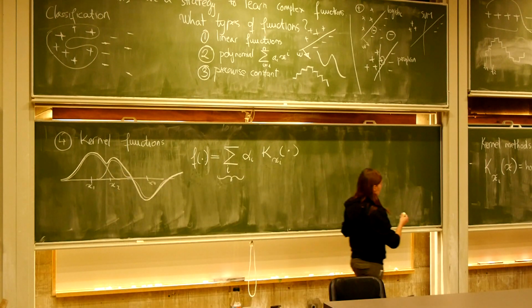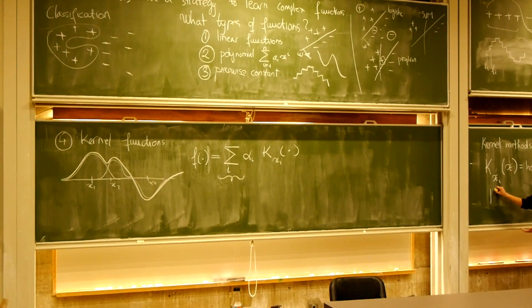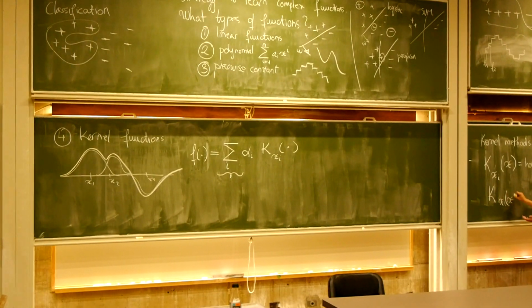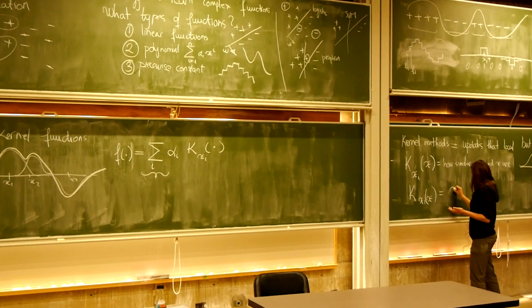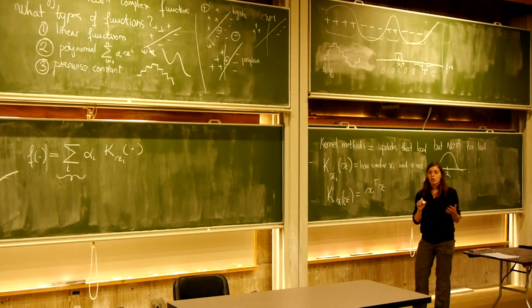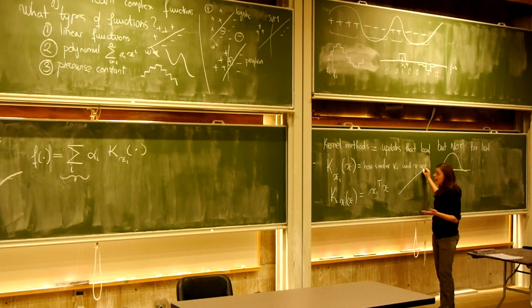So if you take as your kernel this xi transpose x, this doesn't look at all like a blob. It looks like a line.